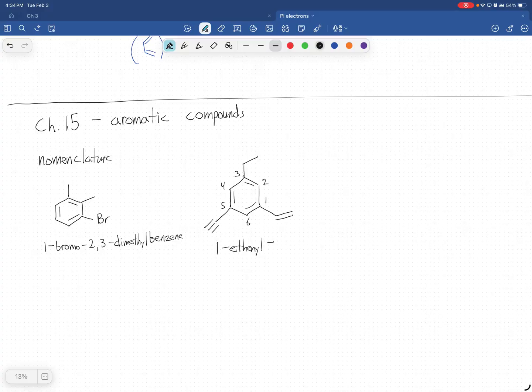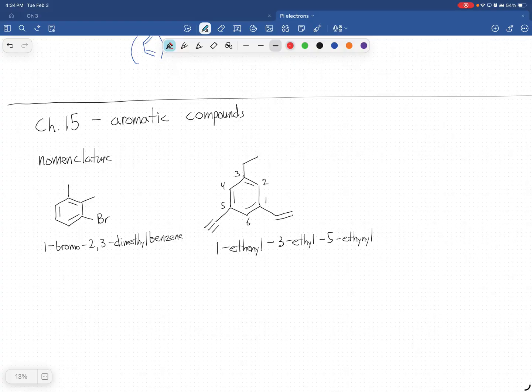All of these carbon groups are 2 carbons long, so I think it's purely alphabetical. 1-ethenyl, then 3-ethyl, and then 5-ethynyl.